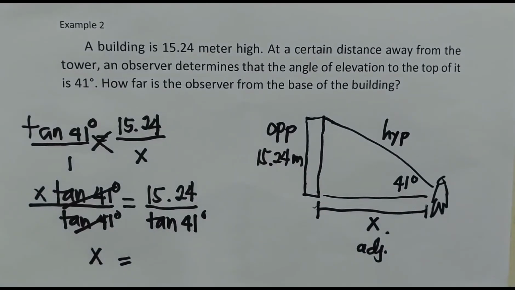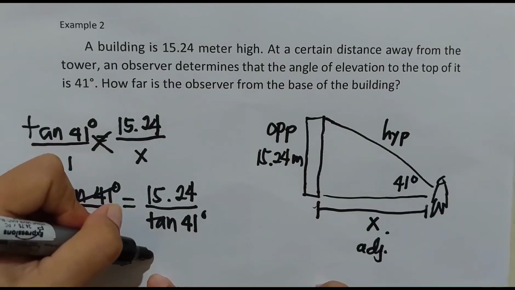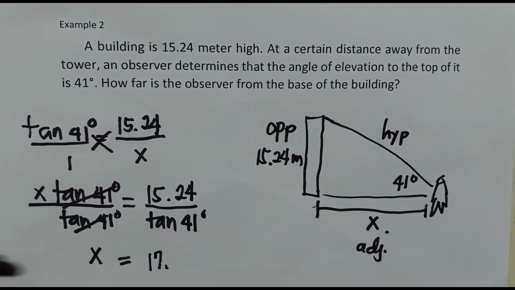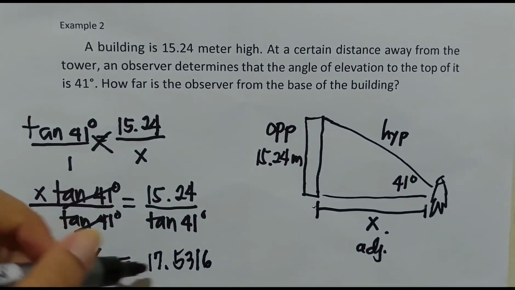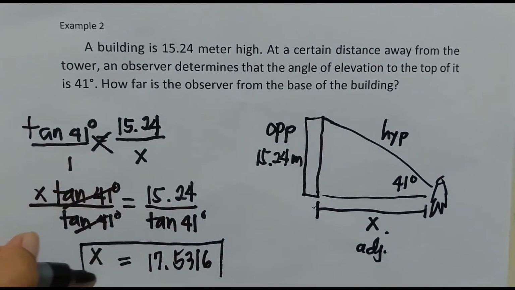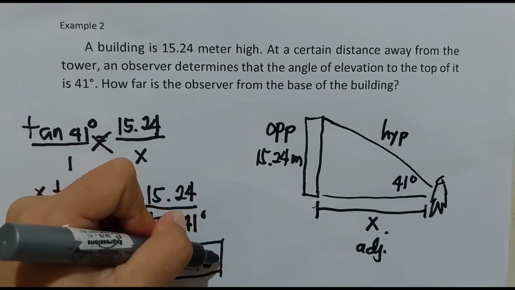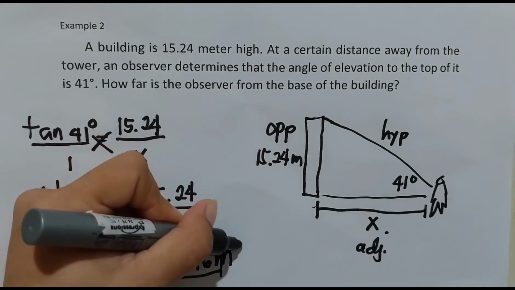Now, using your calculator, if you have your calculator or the table, divide 15.24 by tangent 41, and the answer will be 17.5316. So, our x, or the distance, the unit is in meters.